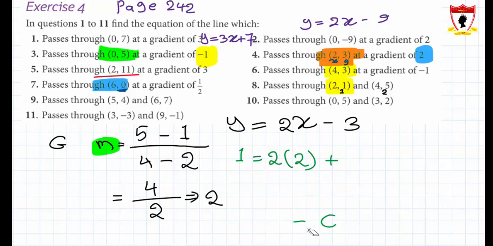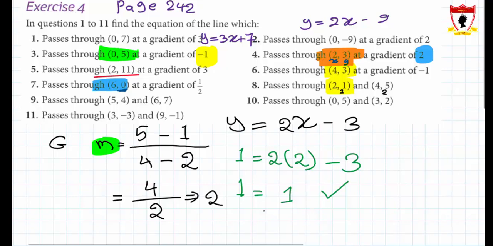If we put 1 in place of y, we'll see something like this: 1 equals, and 2 in place of x, 2 times x means 2 times 2. c is negative 3, then minus 3. The side is equal to 1. 2 times 2 is 4, minus 3, 1. Both sides are equal. It means the calculation and the equation are all right. Question 8, done. This is the equation.